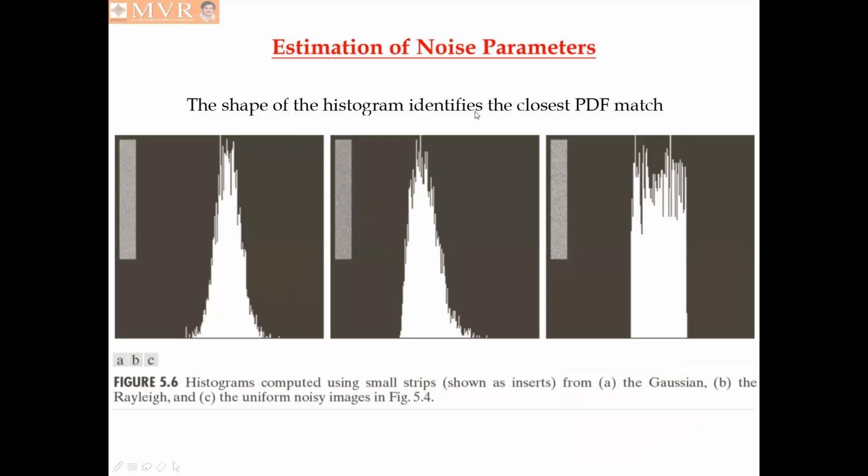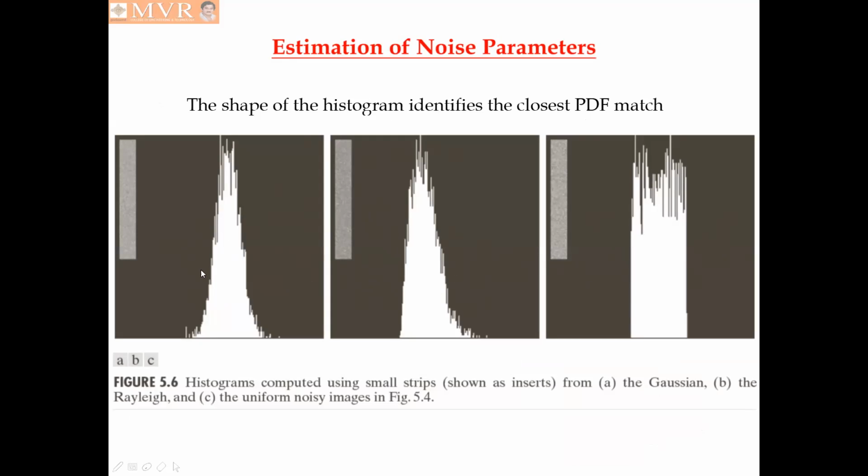Here the shape of the histograms identifies the closest PDF match. The first image is the histogram of a Gaussian, the second one is the Rayleigh noise, and the third one is the uniform noise image. So we have taken one image with three different types of noises, Gaussian, Rayleigh, and uniform, and their histograms.